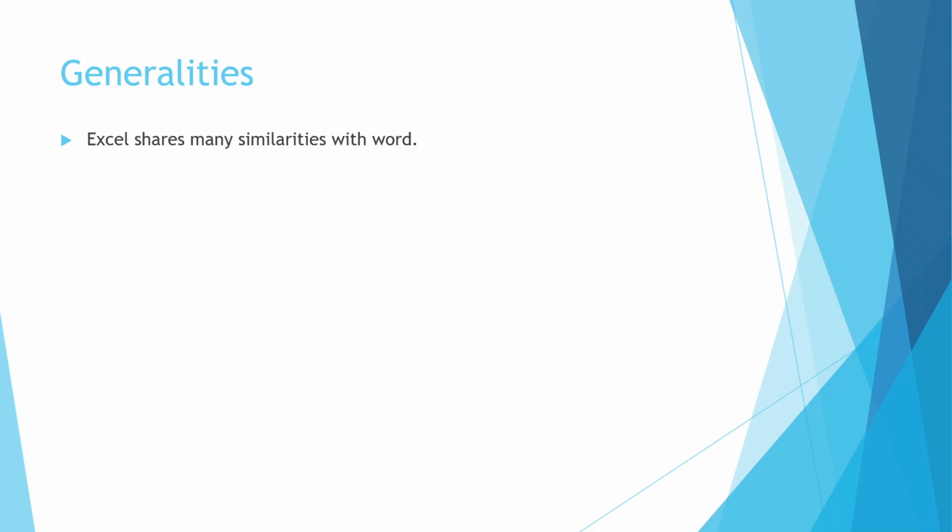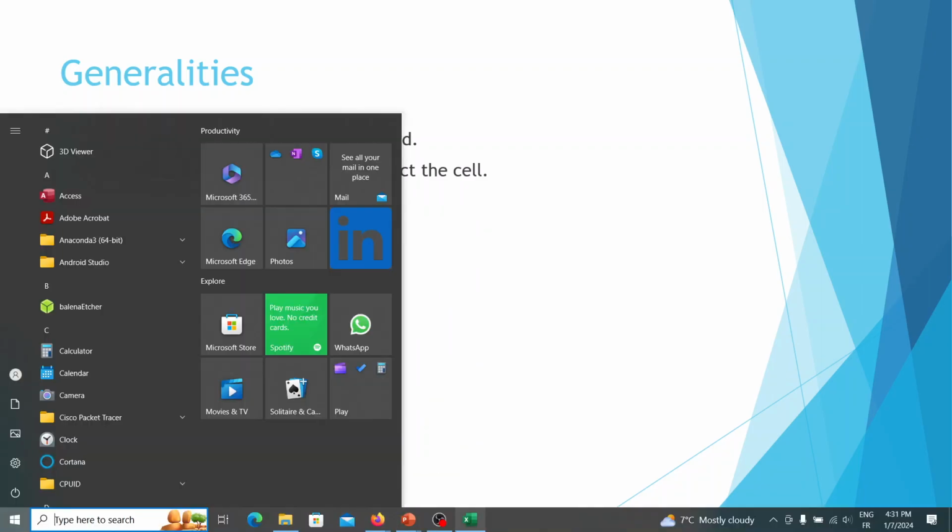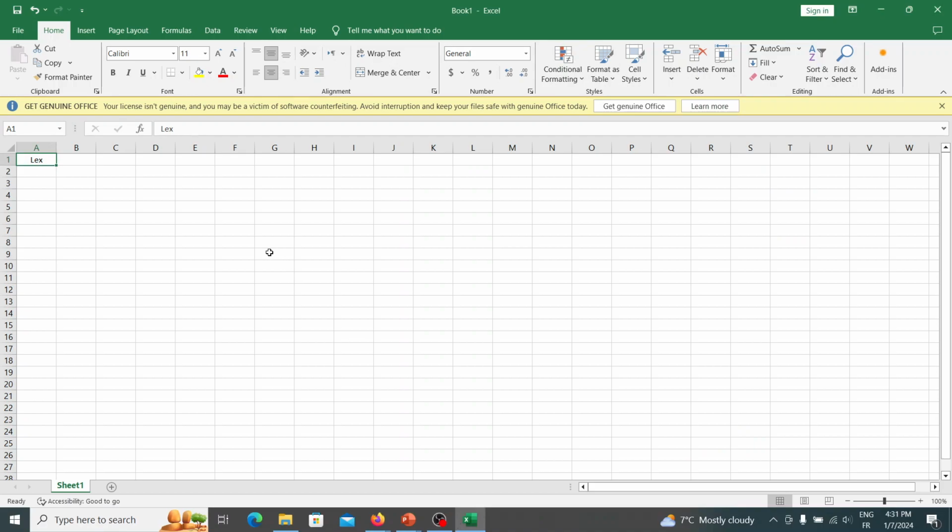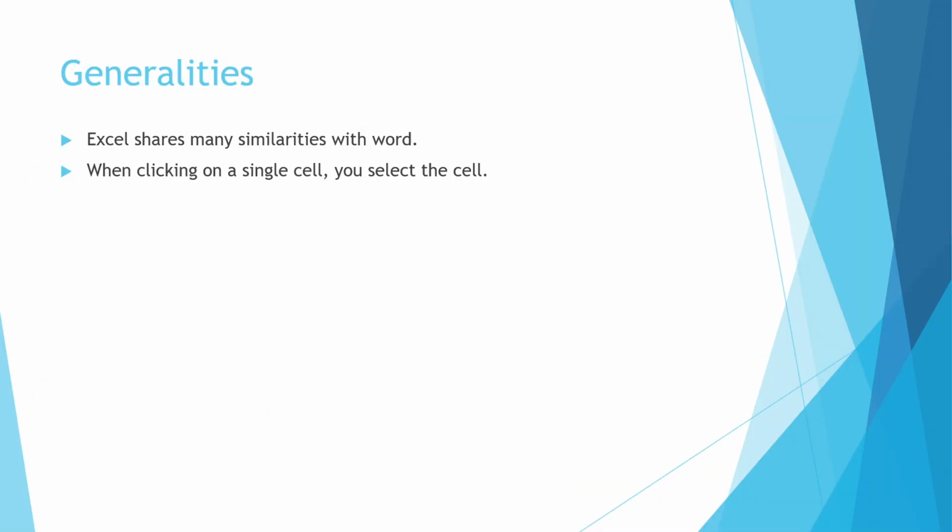Let's return now. When clicking on a single cell, you select the cell. Self-explanatory. Notice when clicking anywhere on Excel, I select the cell on which I'm clicking. Now, the rows are designated by numbers and the columns are designated by letters.